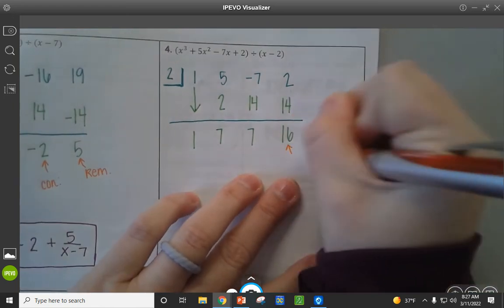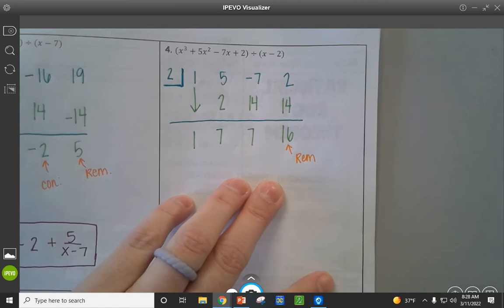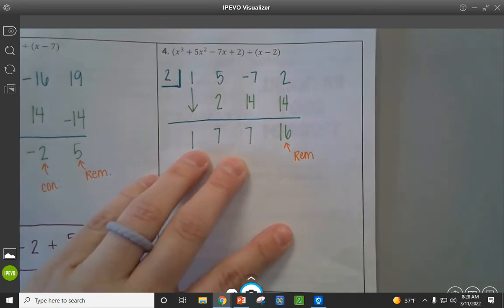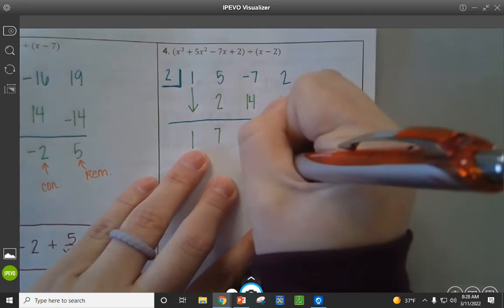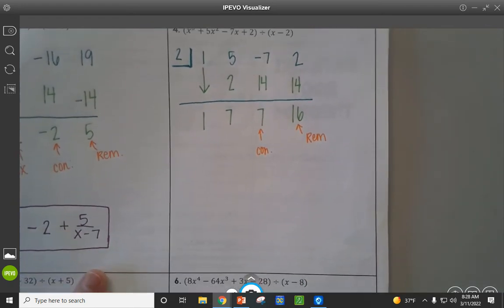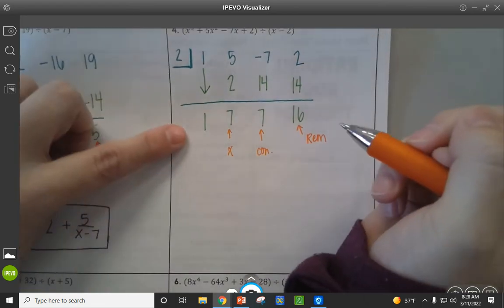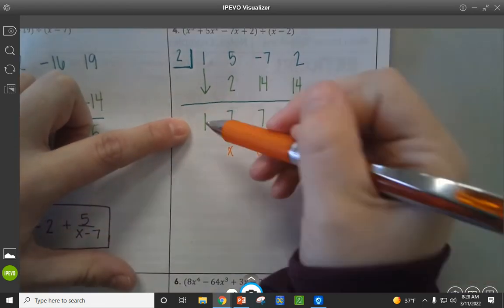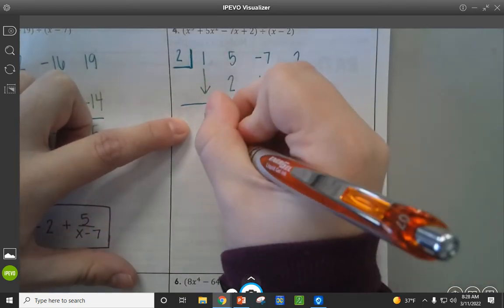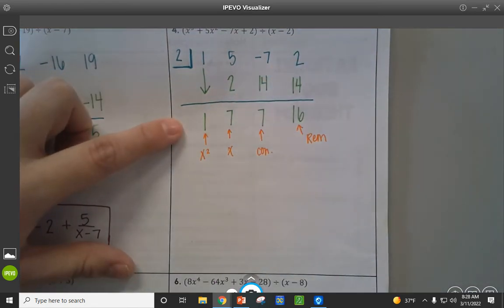So this last number is my remainder. This number is my constant. This number gets an x. And this is the first example when we have another number. This number gets an x squared with it.